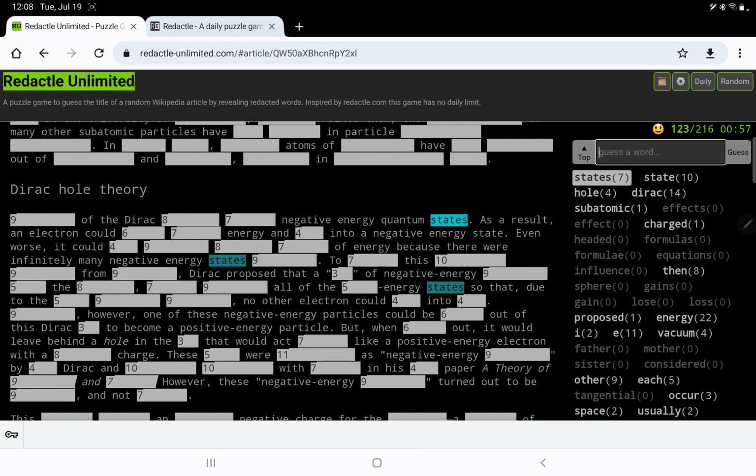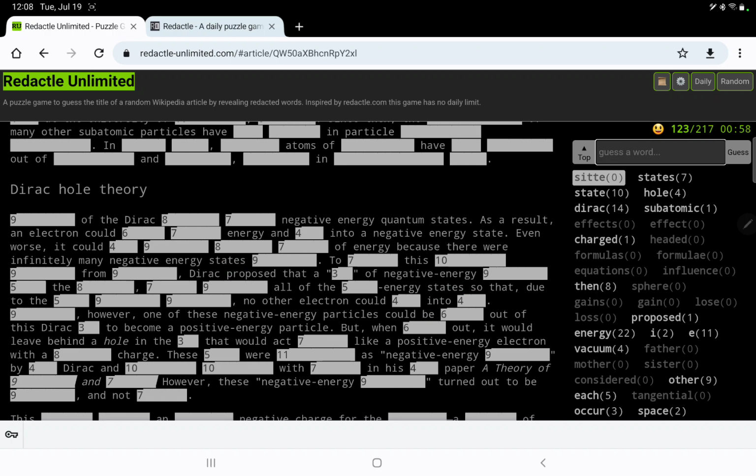Okay. Something of the Dirac blah blah negative energy quantum states. Okay. And then we had a guy called Sitta, no, who followed on. Okay, how about Beck?